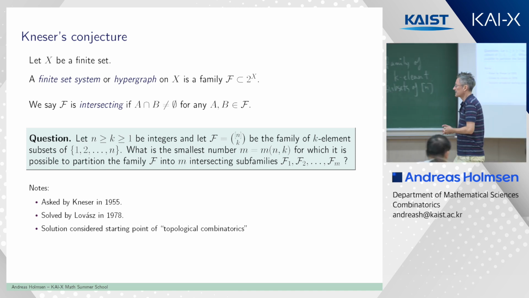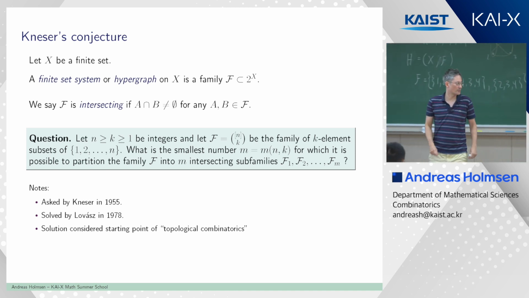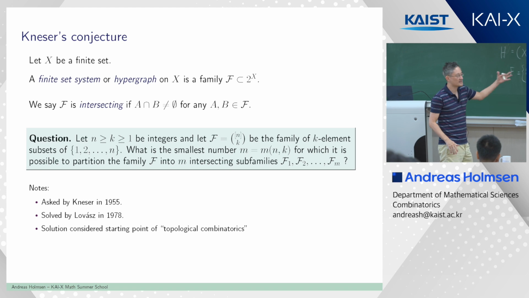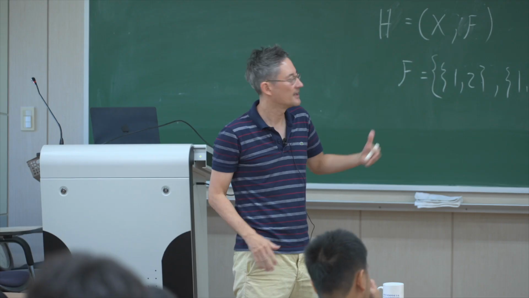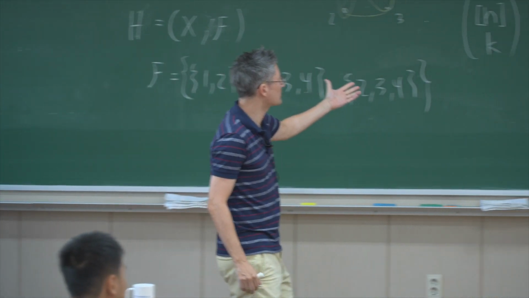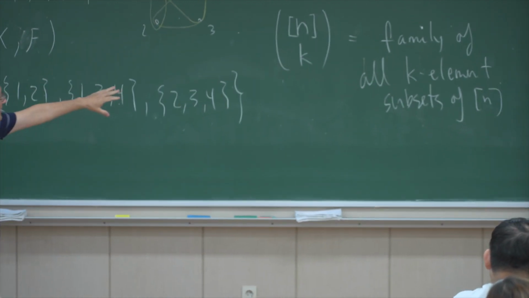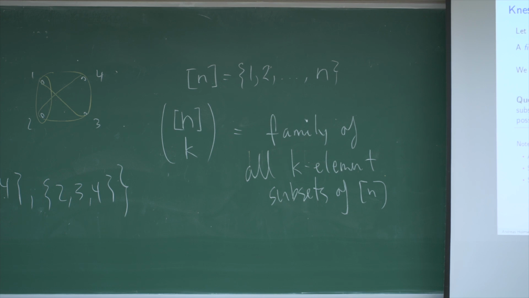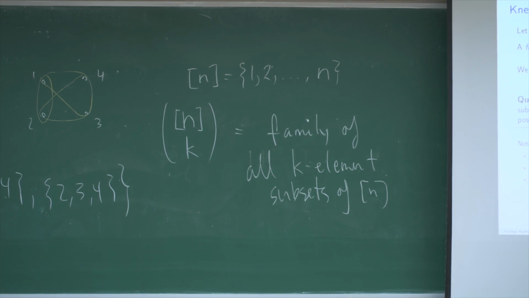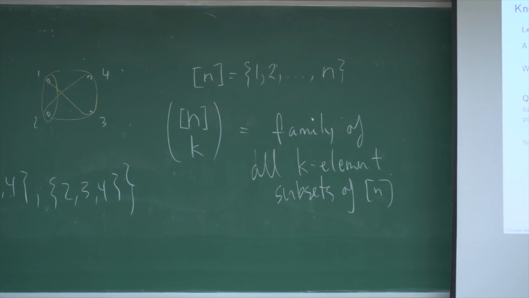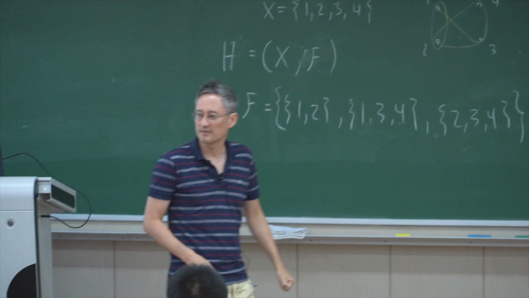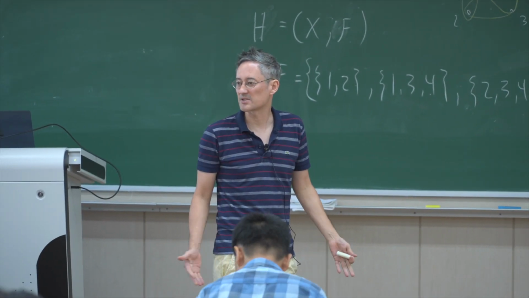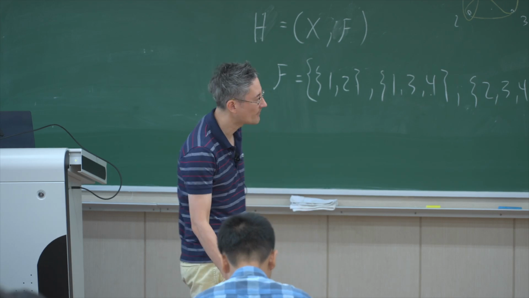And so this was asked in 1955, and it's a very natural question. Already in combinatorics, people had studied things about intersecting hypergraphs. And so this was a very simple and natural question. Take that family. It consists of n choose k sets, right? And now you want to split that entire family into intersecting subfamilies. How few families do you need to be able to do this, right?